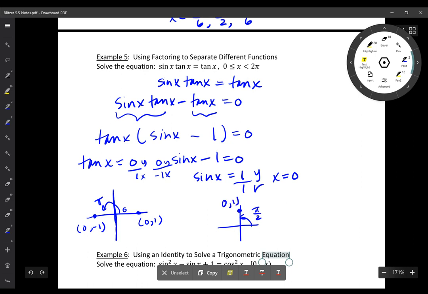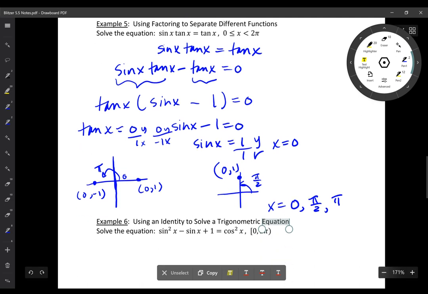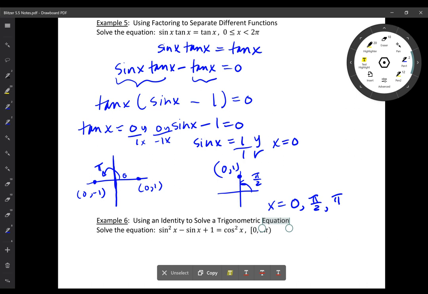So that's going to be 0, 1. So then my solutions are going to be x equals 0, pi over 2, and pi. And again, I kind of hopped back and forth between these two drawings to put those answers in order. So we're going to worry about using an identity to solve a trig equation in part 2.